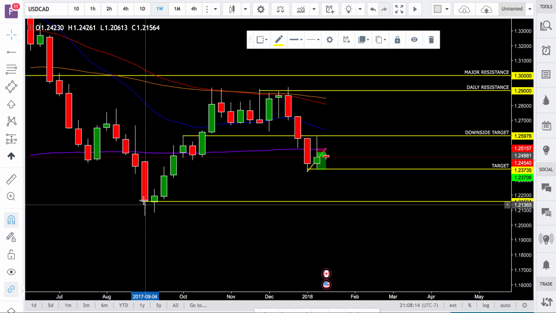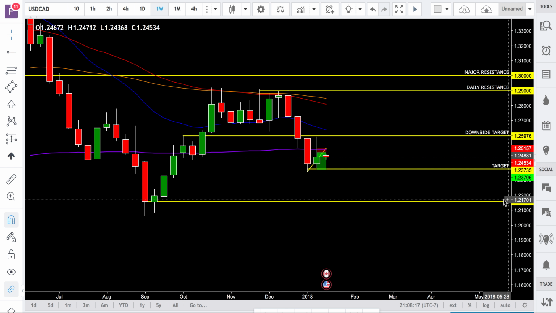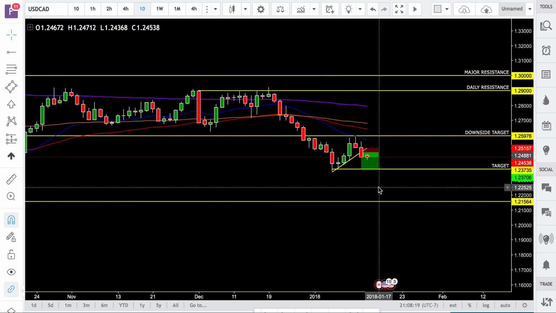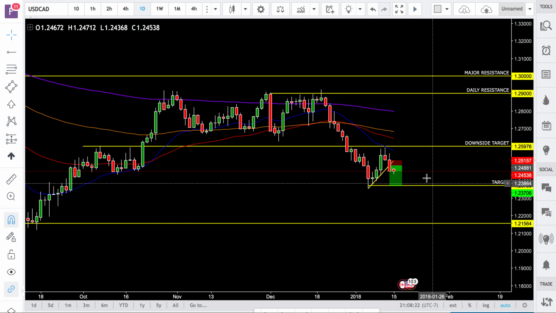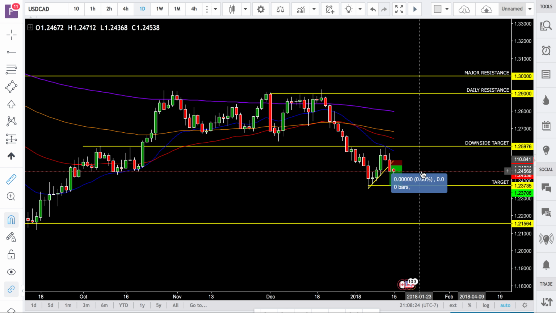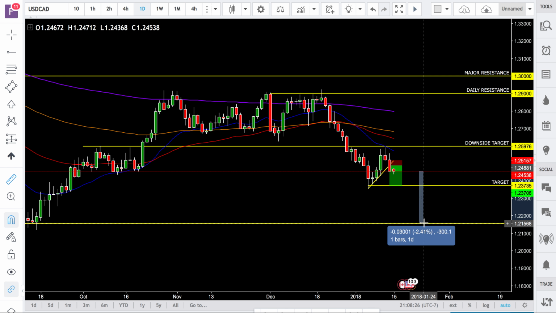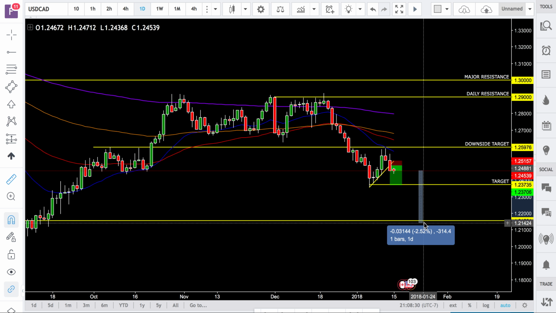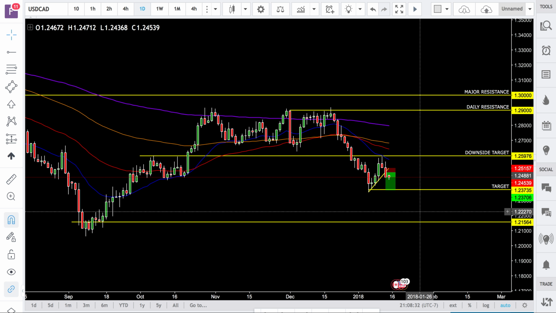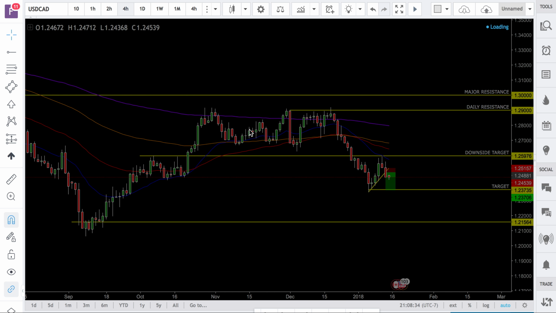We'll be conservative. We'll call it 121.5. So that's what it looks like on the daily time frame. And if you went short today or here, we would be looking at a 300 pip move to the downside. So nice opportunity there, nice potential short trade on that.